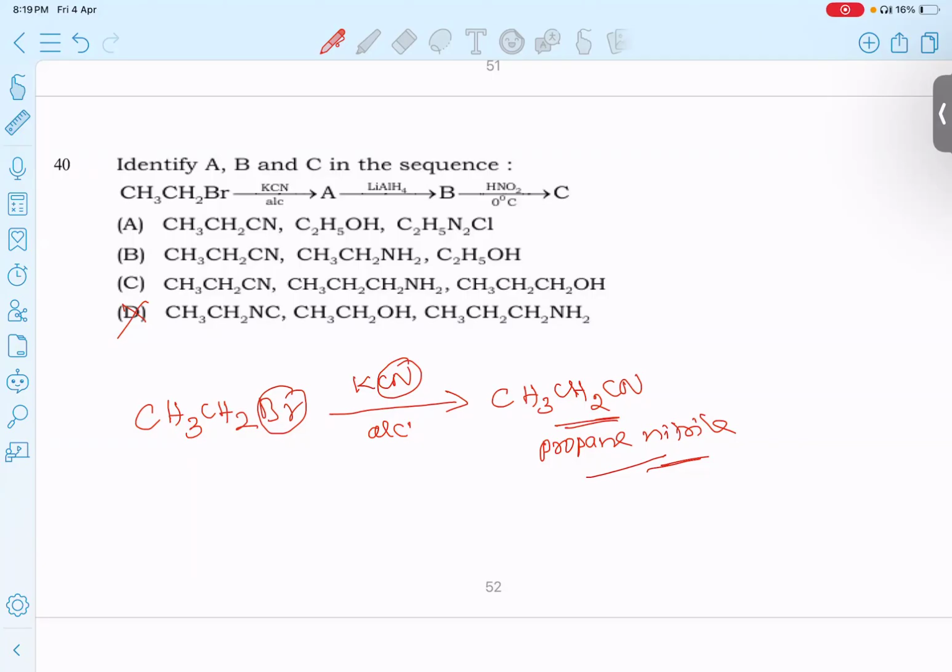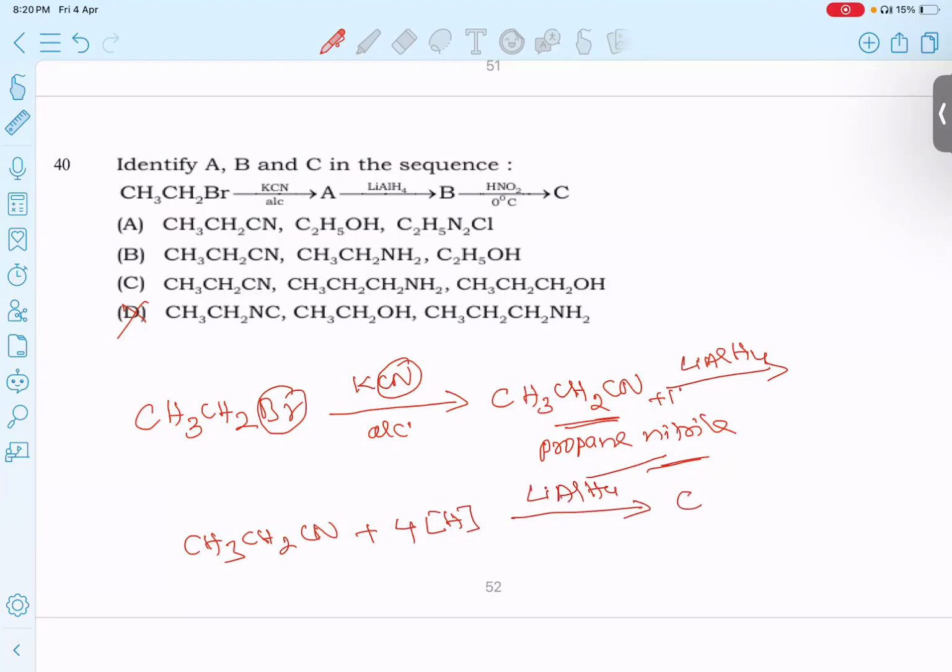Then CH3CH2CN is treated with lithium aluminum hydride, a reducing agent. So propane nitrile undergoes reduction in the presence of lithium aluminum hydride and gives the amine CH3CH2CH2NH2. Propylamine is formed.